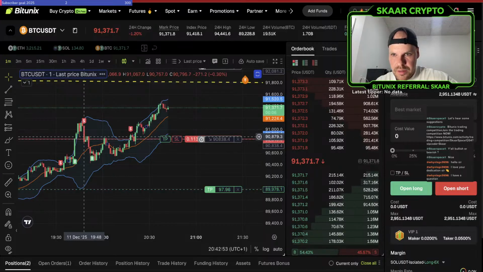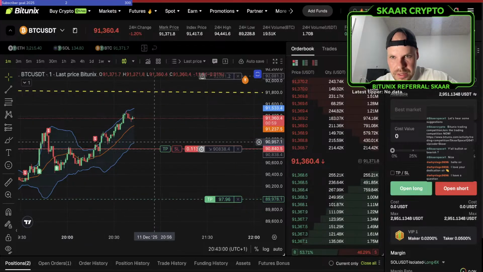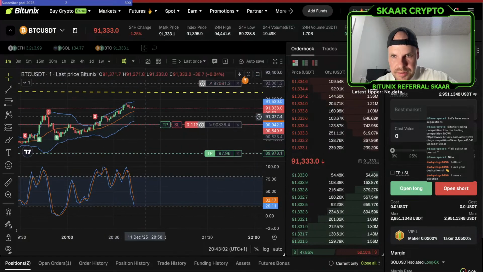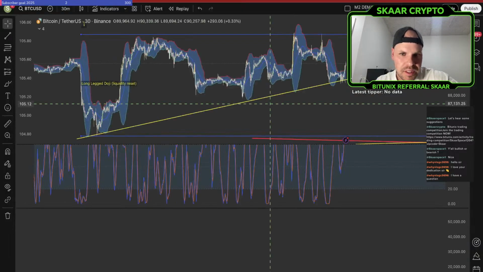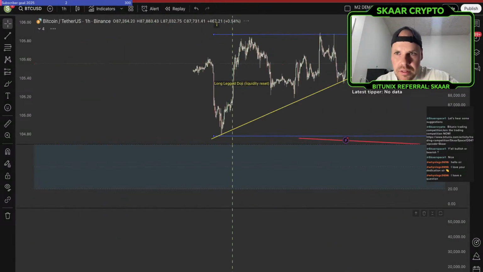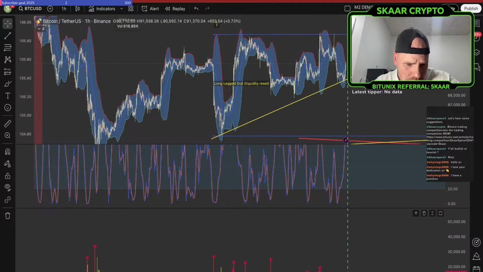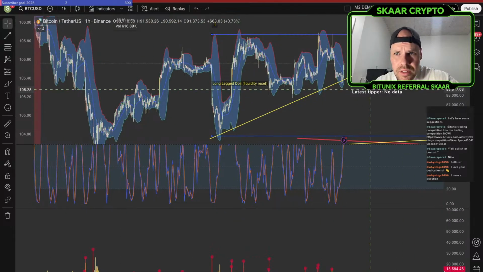I think it was actually here I entered last time. Doesn't matter. I still think, based off stochastic RSI on different time frames, though I haven't really looked at liquidation levels yet, I can maybe look at the 1 hourly. What is going on here? Why does it look like this?